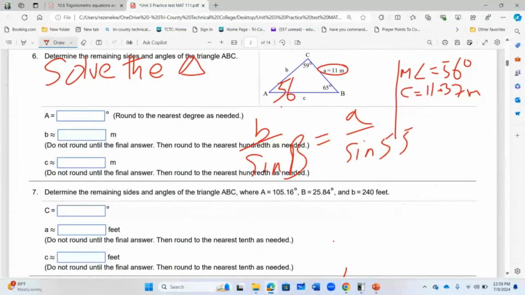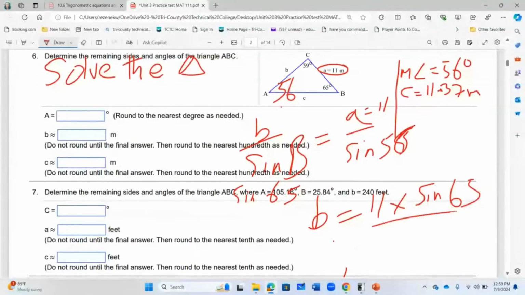So B over sine B equals A over sine A. I want to put in what B is. Let's get sine B. So this is 60 degrees, sine 65 degrees. I was wondering why the two answers were the same.